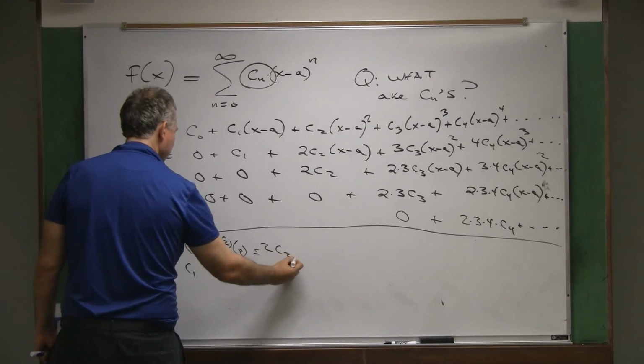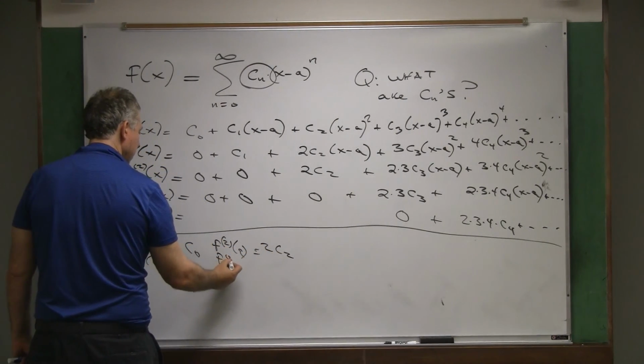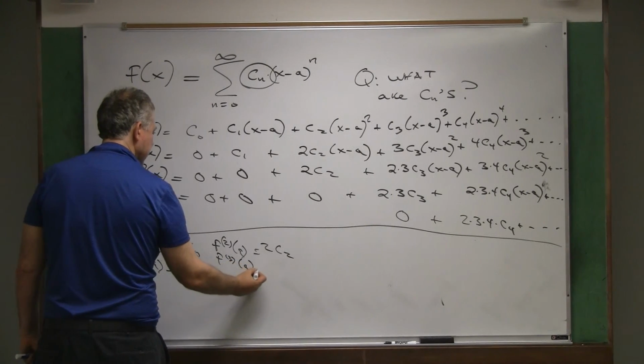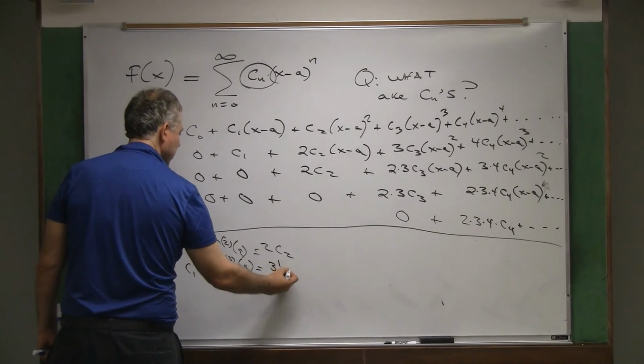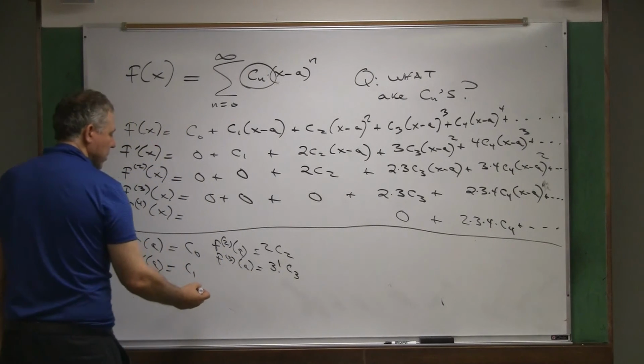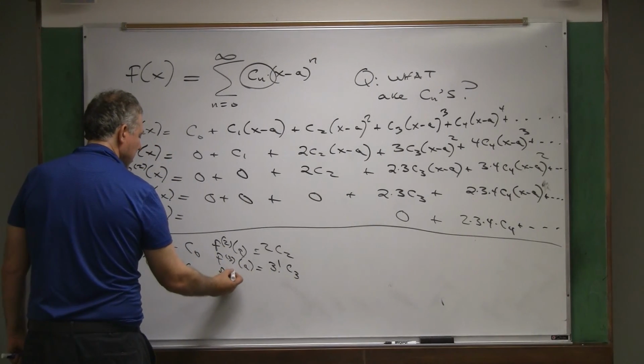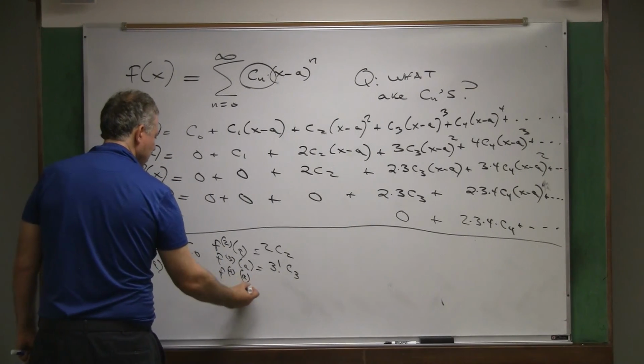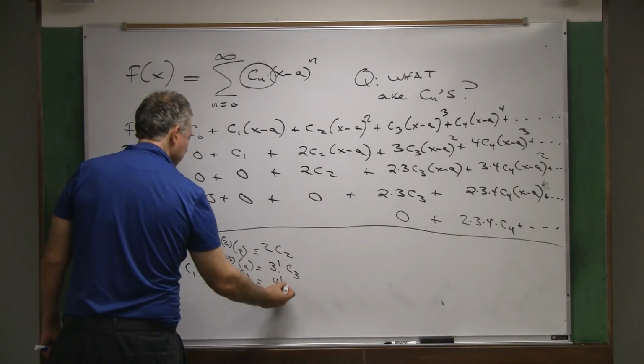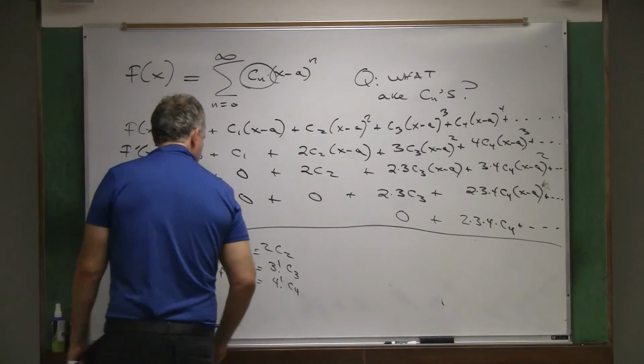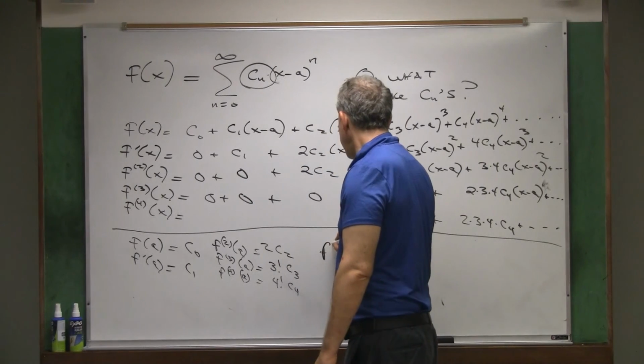What's the third derivative at a? 6C3. Instead of saying 6, I'm going to say 3 factorial C3. What's the fourth derivative at a? 4 factorial C4. You see a pattern. Okay, so what do you think the nth derivative at a is?